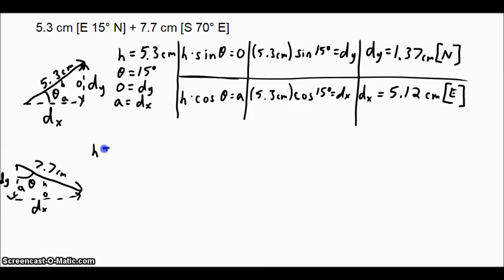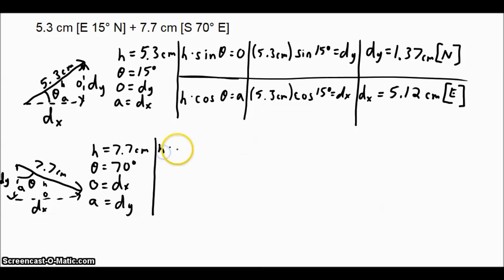So our hypotenuse is 7.7 centimeters. Our theta is 70 degrees. Our opposite this time is our dx, which is different than it was up here, and our adjacent is our dy. So we're going to use the same equations as before.